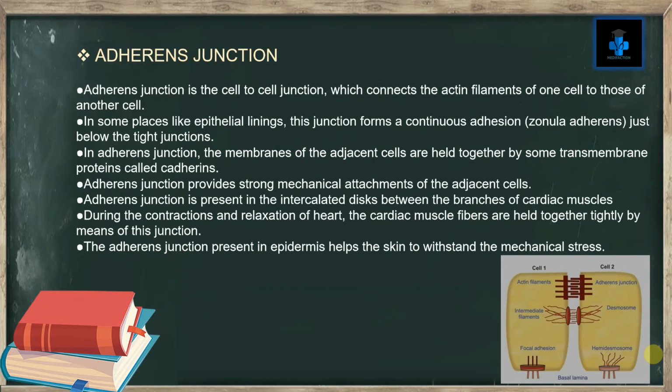Adherence junction. Adherence junction is the cell-to-cell junction which connects the actin filament of one cell to those of another cell. Here you can appreciate that. In some places like epithelial linings, this junction forms a continuous adhesion, that is zonular adherence, just below the tight junctions.